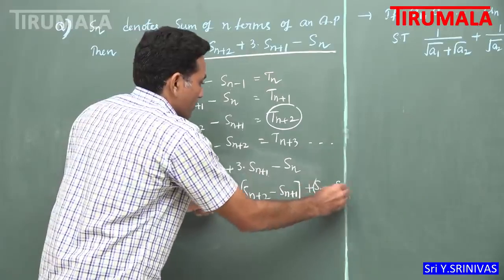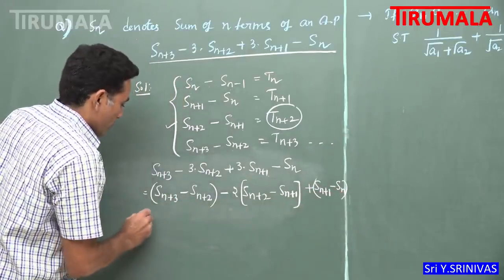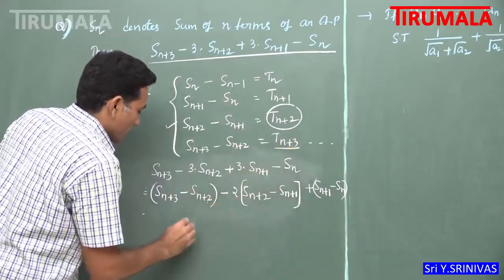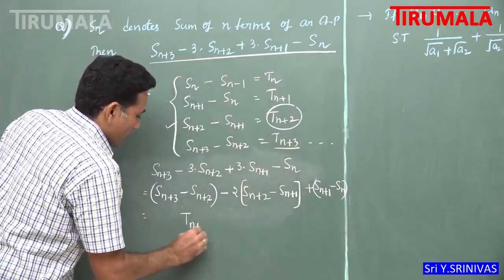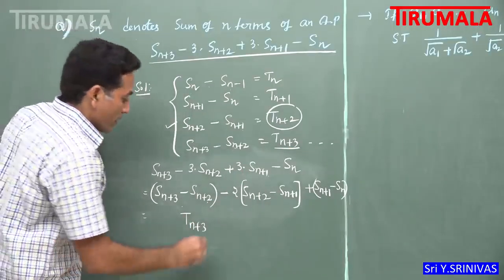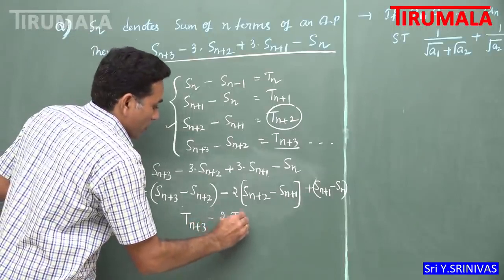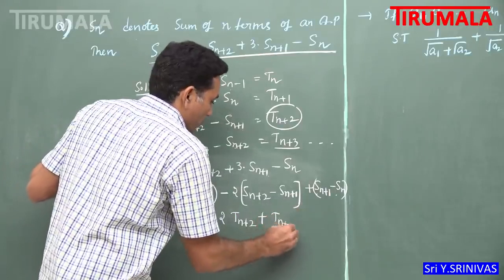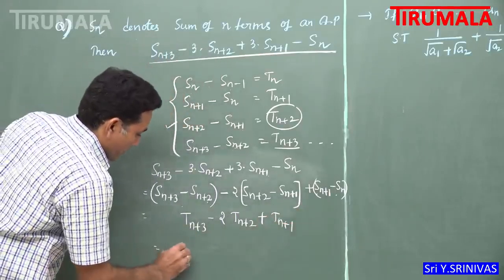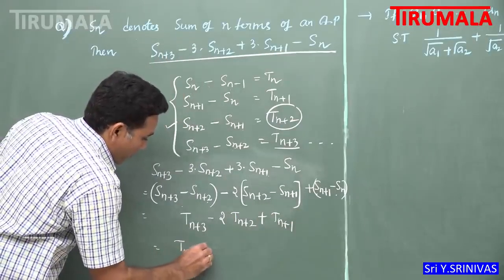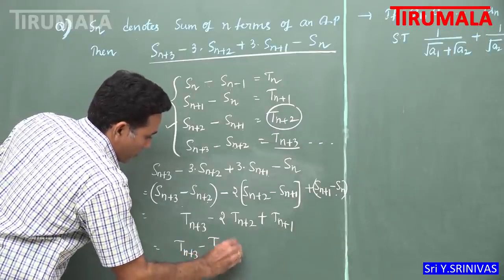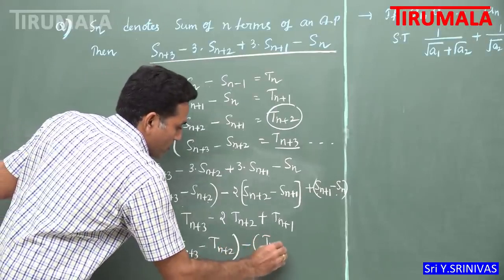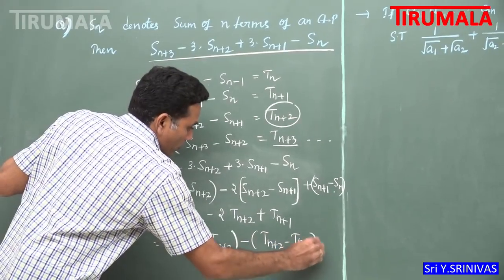Now, students, the sum of n plus 3 terms minus the sum of n plus 2 terms is term n plus 3, minus 2 times term n plus 2, plus term n plus 1. Again, Tn plus 3 minus Tn plus 2, minus of Tn plus 2 minus Tn plus 1.